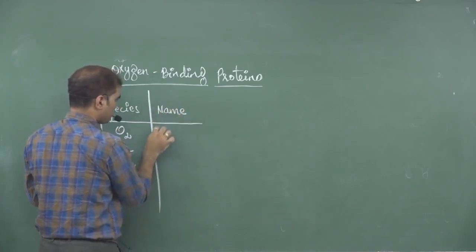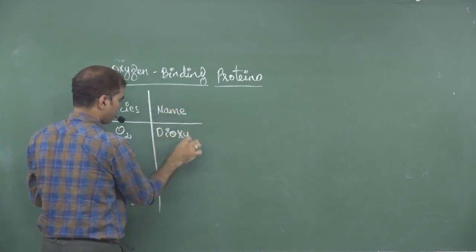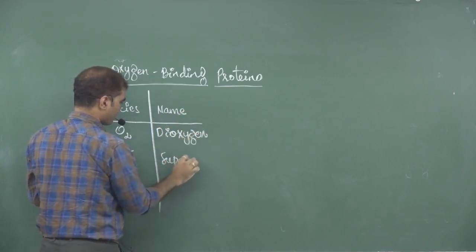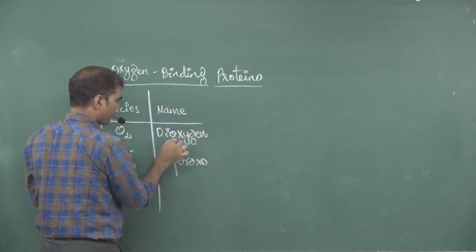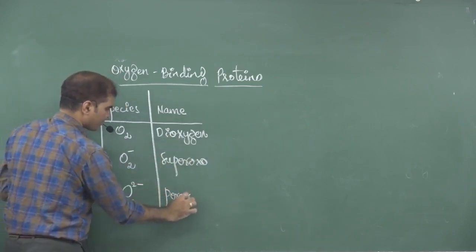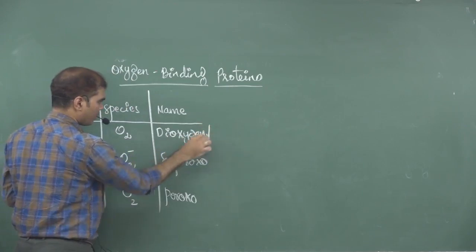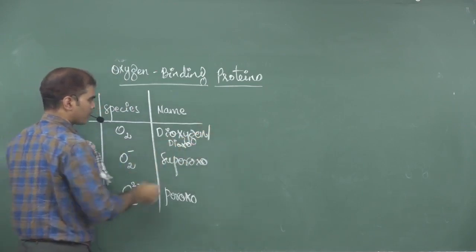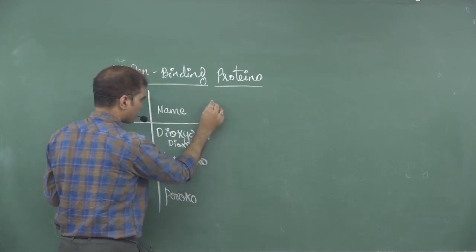You can write down this last table. You may call it dioxygen or dioxo. Dioxygen or dioxo, superoxo, peroxo.